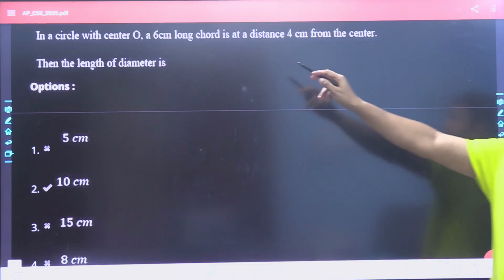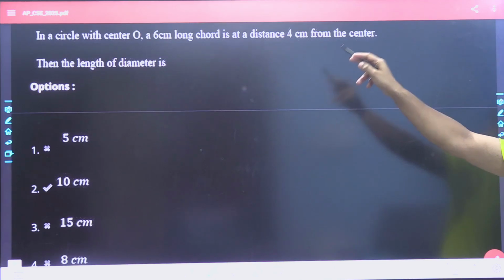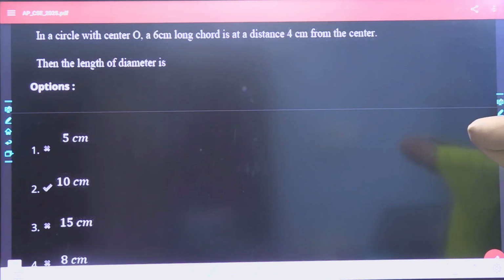So as we can see, the chord is 6 cm and the distance is 4 cm.